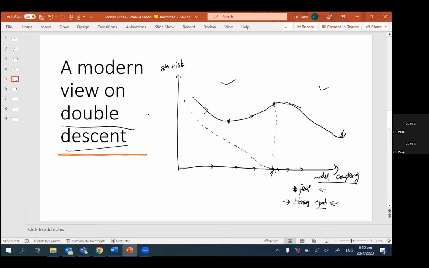And this is exactly what's happening for large language models like ChatGPT, right? It is a very big model. It has billions of parameters, and it is still a deep learning model, and it's been trained. Initially the performance is not very good, but then they continue to train, and suddenly, this is the miraculous point, suddenly it starts to get better, right?